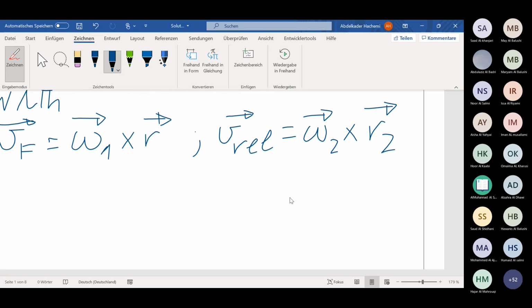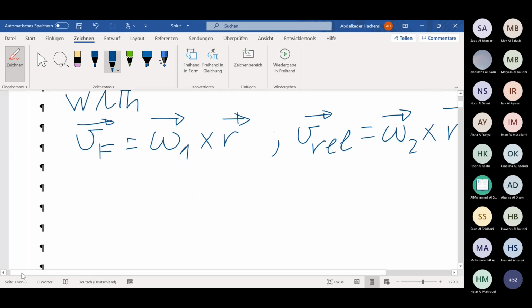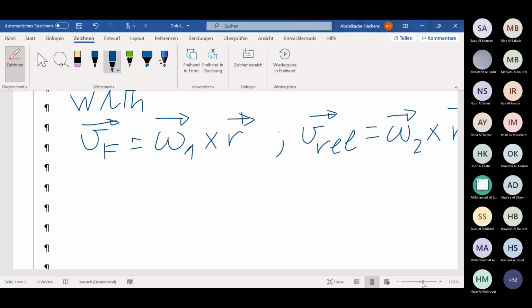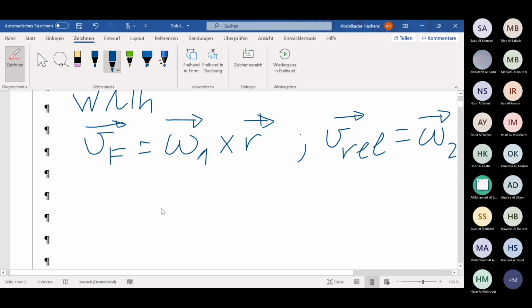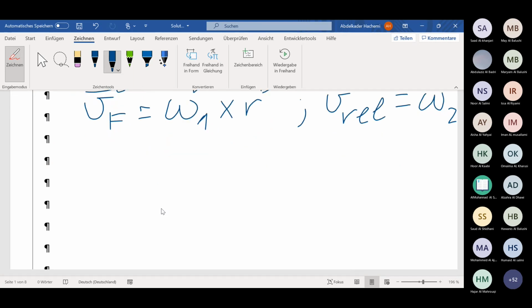Now, if I express this, we have Vf as a vector equal to omega 1 cross r.